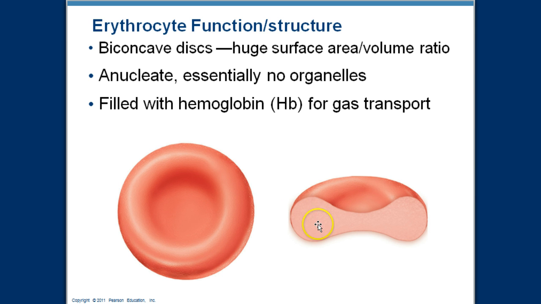So all of your hemoglobin molecules are about as close to the surface as they can get with this shape, which makes sucking up and spitting out oxygen easy. We already said they don't have a nucleus. They don't really have very many organelles. They're basically just these neatly shaped bags of hemoglobin that transport oxygen, and they are very well designed to do so.